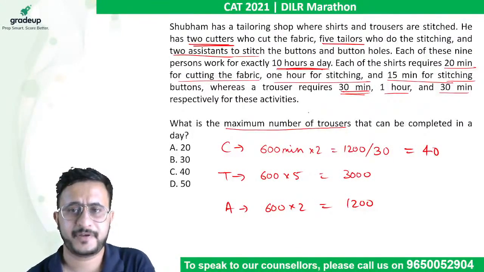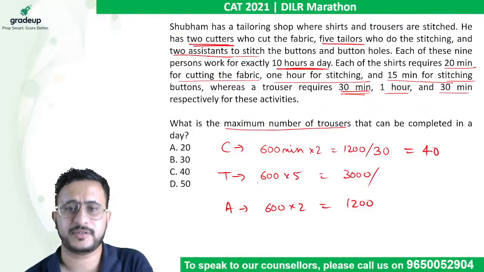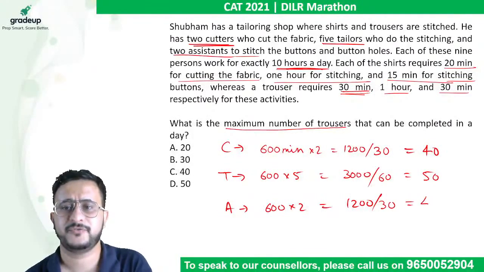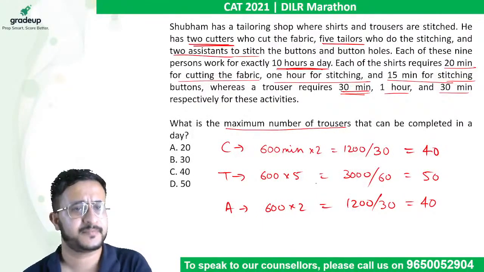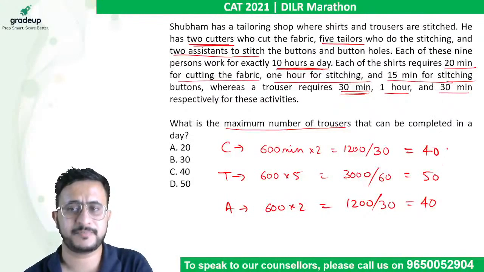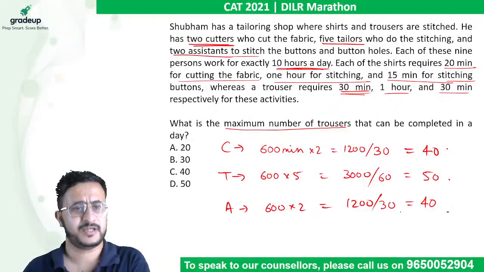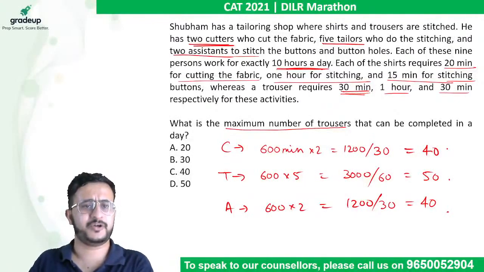Now if I employ all the tailors, they will be able to make 50 trousers. If I employ everyone in this, they will be able to make 40 trousers. They can complete 50 trousers, they can complete 40 trousers. Which one will I pick? 40 or 50?